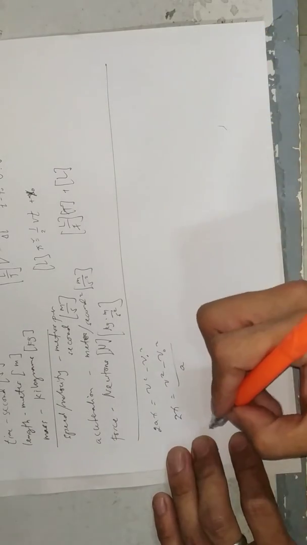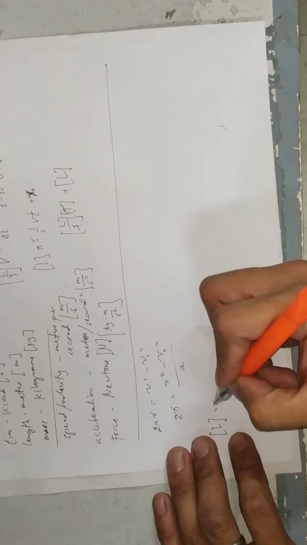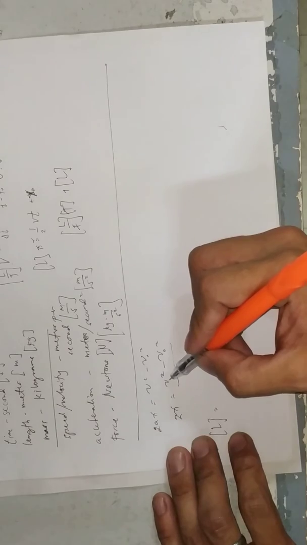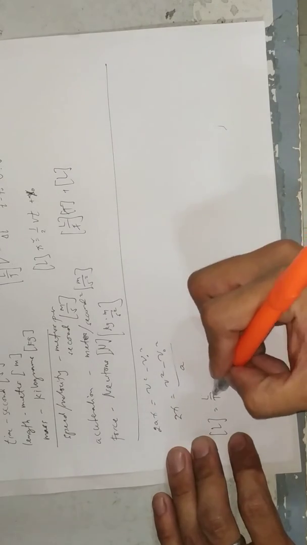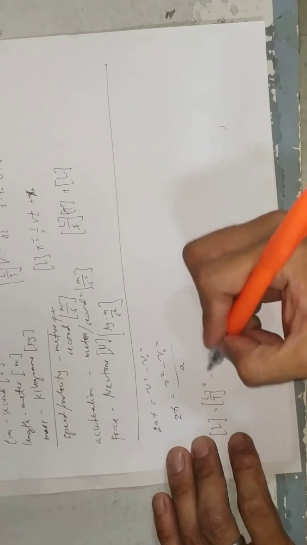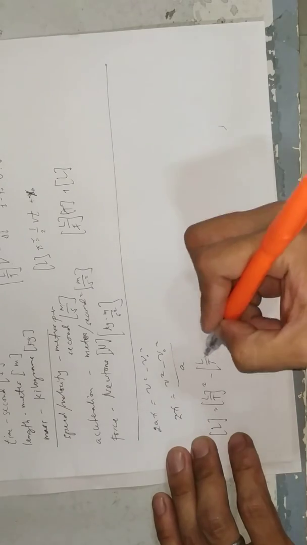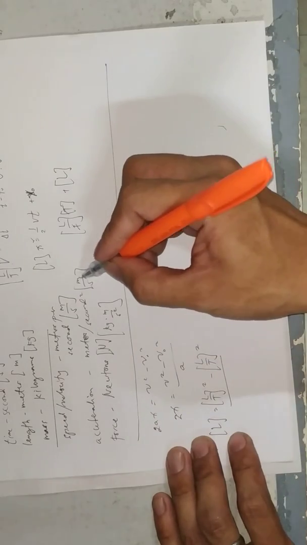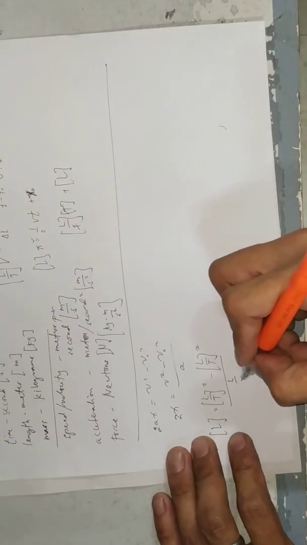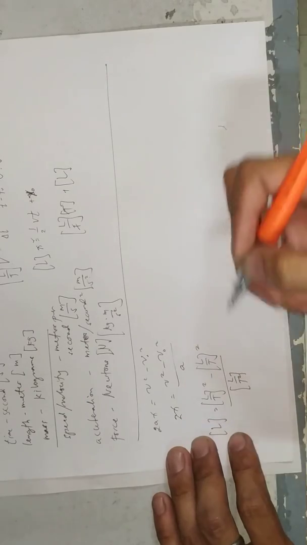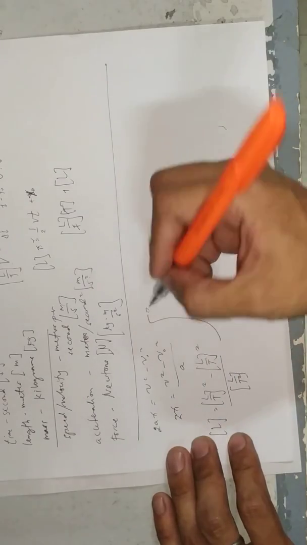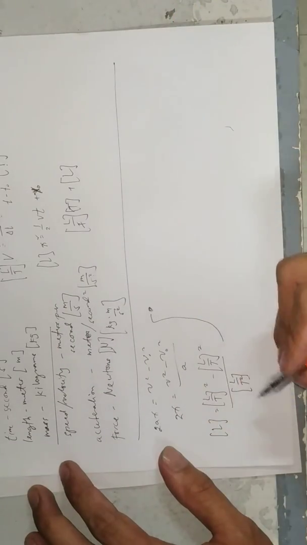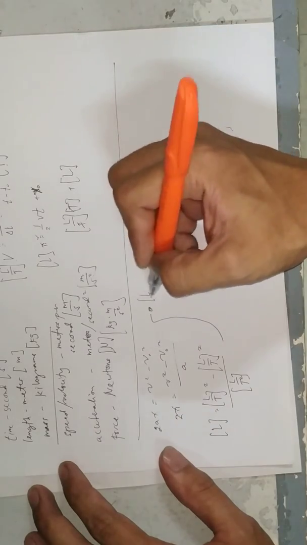I have here the dimension of length on this side, to be equal to the dimension of the other side. So let's have v, that would be L over T, and you can square it, minus L over T squared. Then I have here a, that is meters per second square, that would be length over T square. So I can play with this equation. So that will give us L.